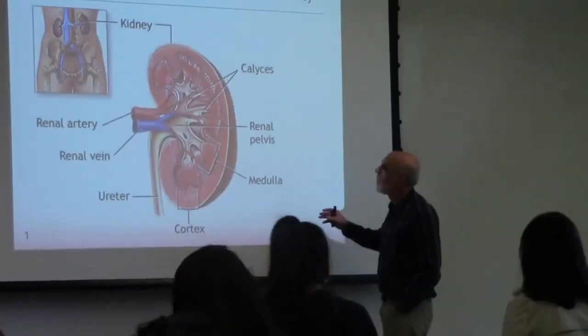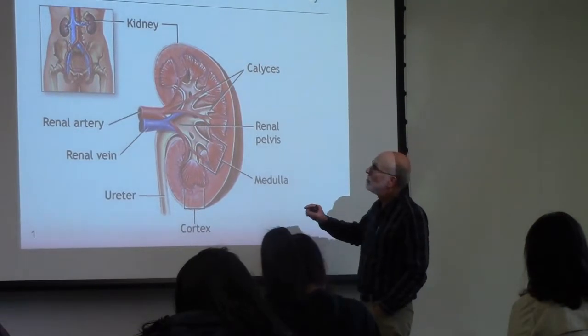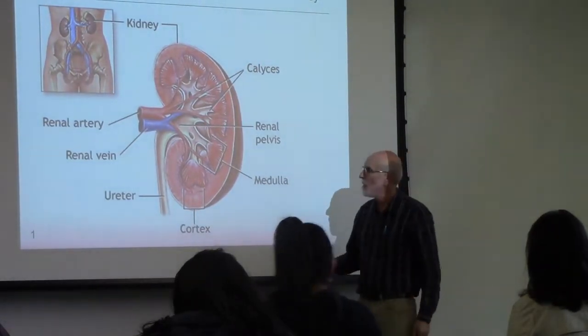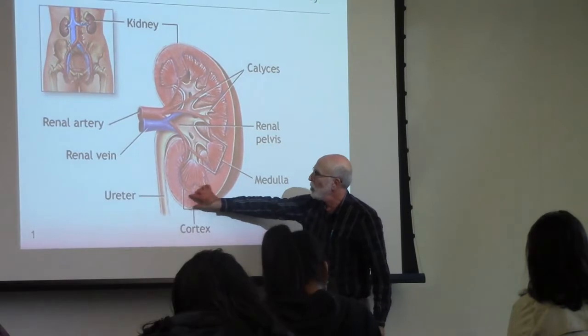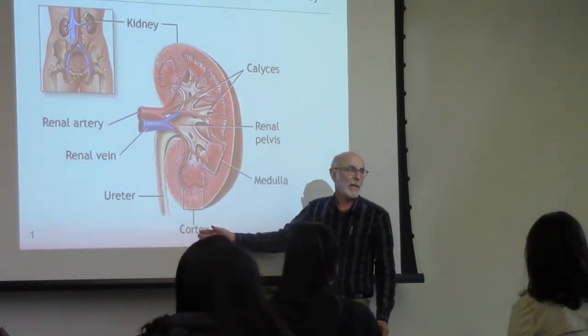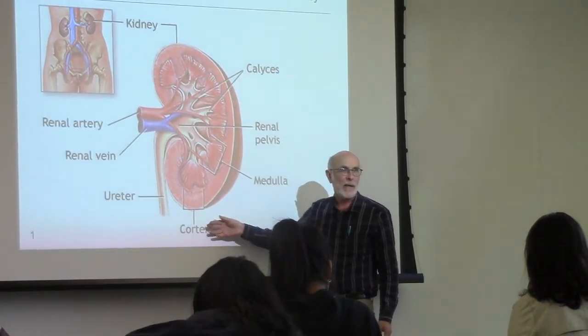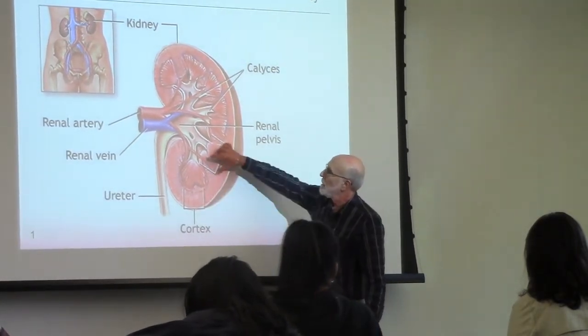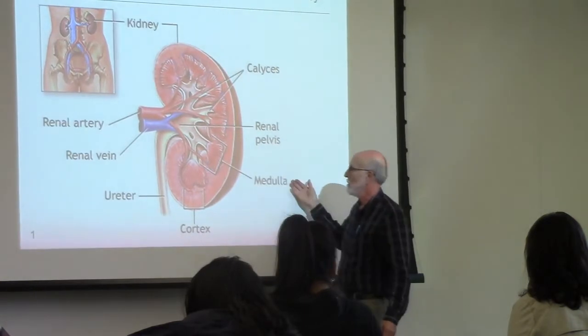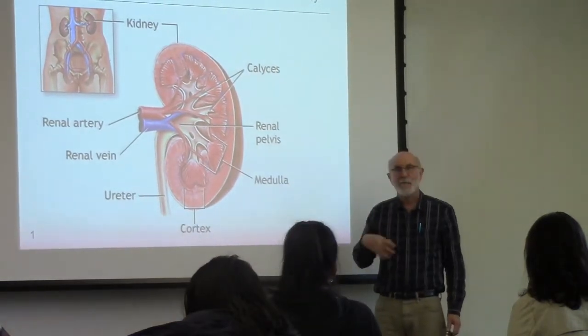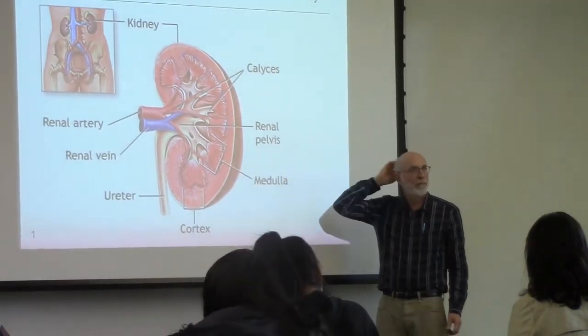The kidney has kind of three layers. The outer layer is called the cortex. It's not a brain cortex, this is a kidney cortex. The middle layer is called the medulla. It's not the brain medulla, it's the kidney medulla.